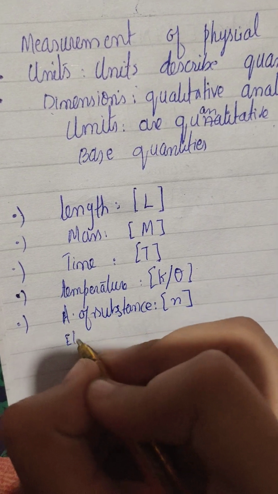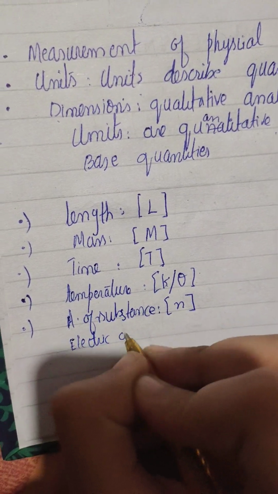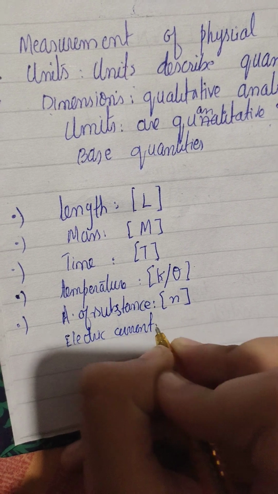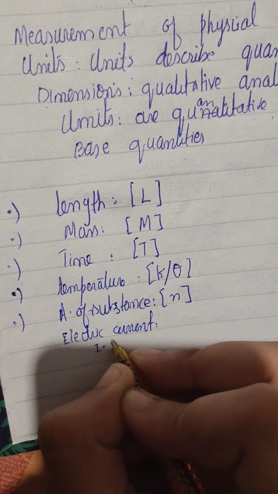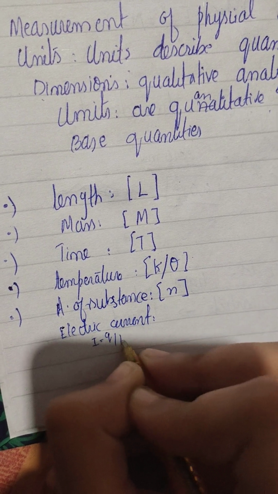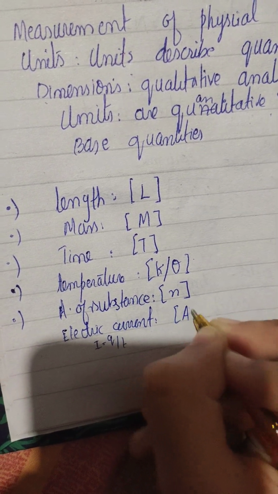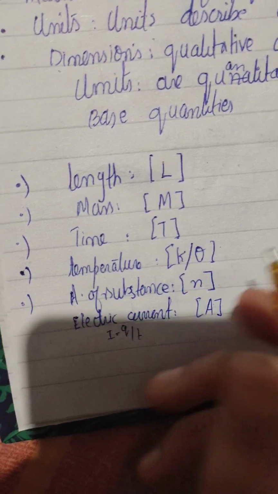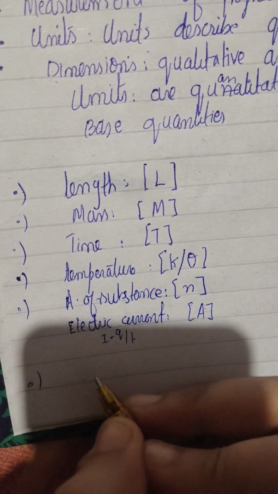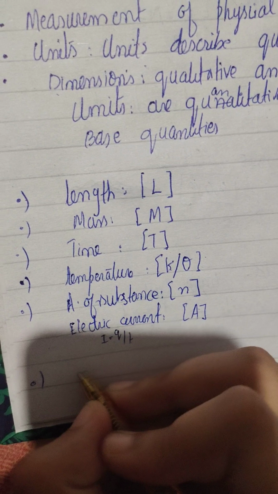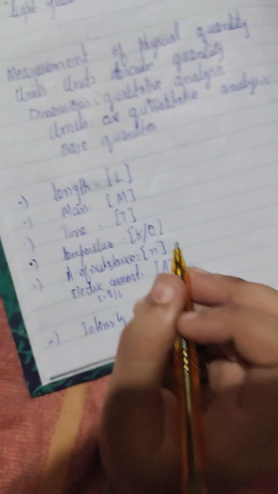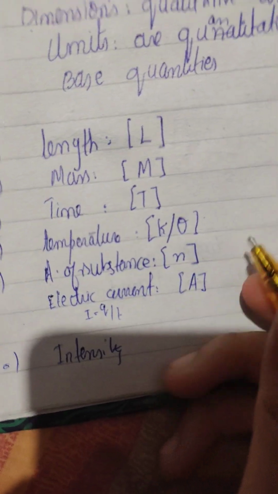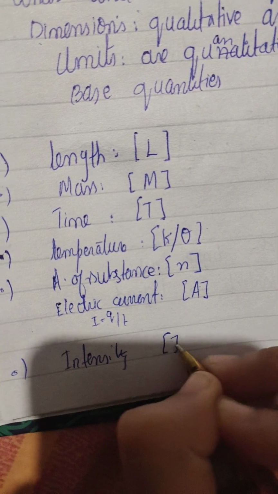We have electric current, and for that electric current, the formula is I is equal to Q upon T. So ampere, like capital A. Then we have luminous intensity, and the dimension of luminous intensity is capital J, right?